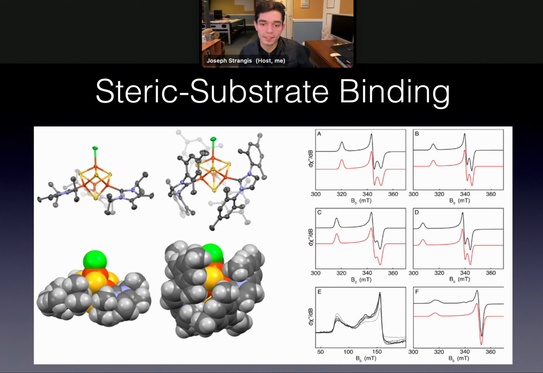So we could see where these different groups are located, and how remote steric effects influence the site differentiation within the cluster, and how it can control the coordination environment of the iron sites. The figures on the right show the EPR spectra and the UV-Vis spectra of these clusters with different ligands, showcasing their structure and spin states both.